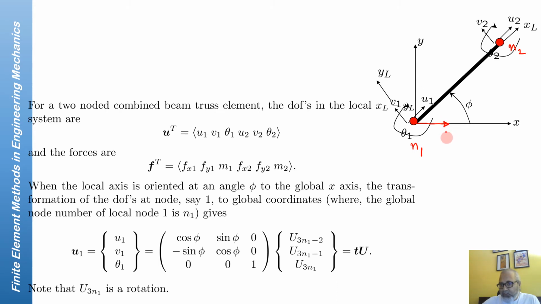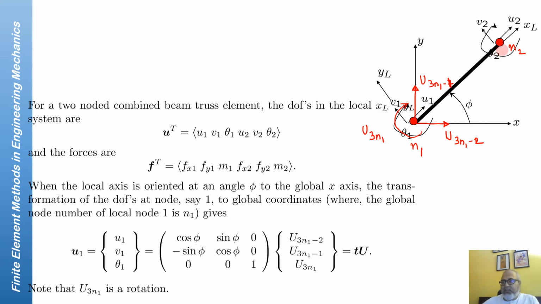The first one will be u 3n1 minus 2, the second, along the y direction, will be 3n1 minus 1, and this one would be u3n1. So 3n1 is a rotation.